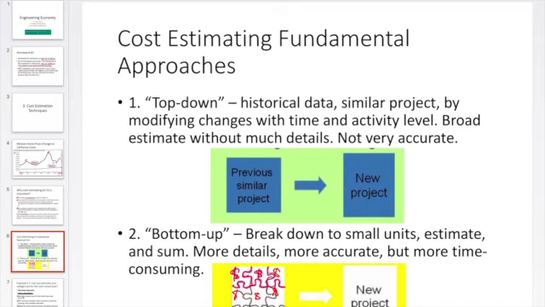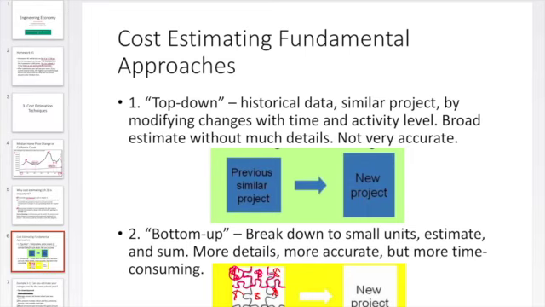So this approach will give you much more detail than the first one, because every estimate is only for a small part, so it's more accurate, but it's more time consuming, right? Because you have to break it down, and then you have to estimate several items, and then you sum it up. So the two approaches both have their pros and cons, and it depends on what type of project cost estimation you're doing.